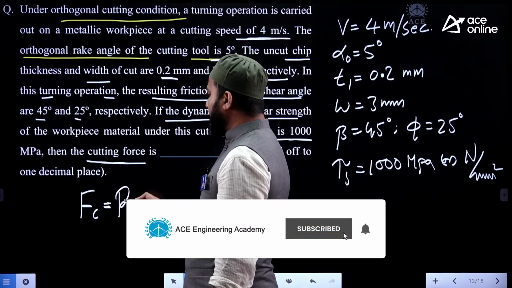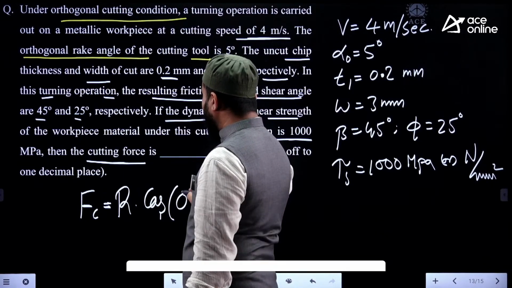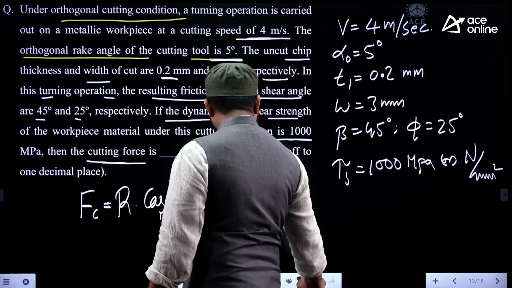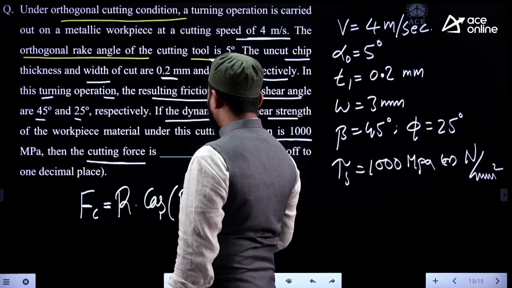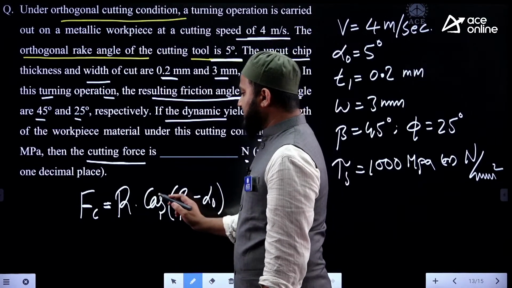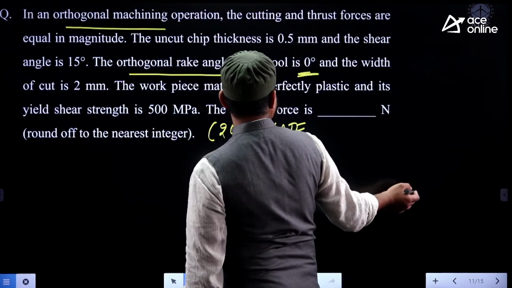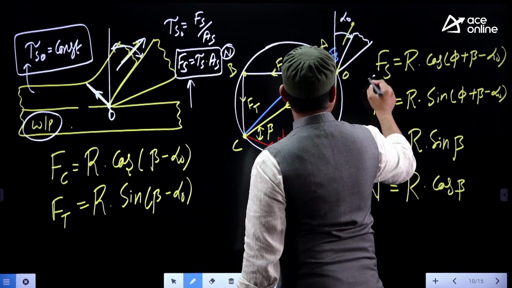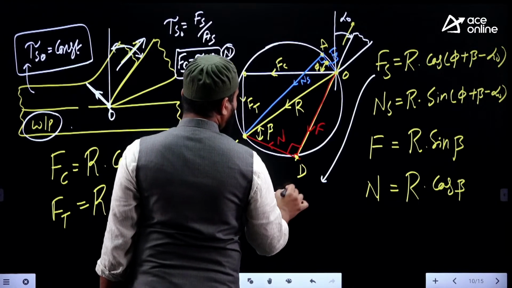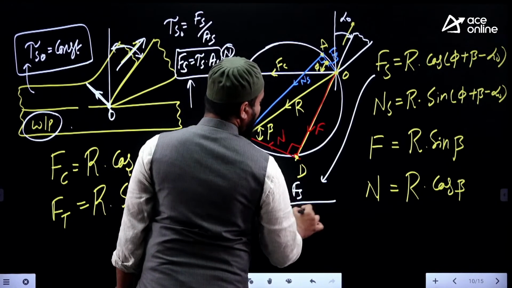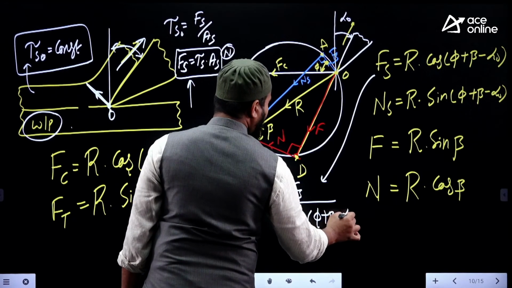Whereas it is very simple: cutting force Fc is nothing but resultant R into cos of beta minus alpha. Whereas the resultant R you can replace, if you notice from here, in terms of the shear force as R is equal to Fs by cos of phi plus beta minus alpha.